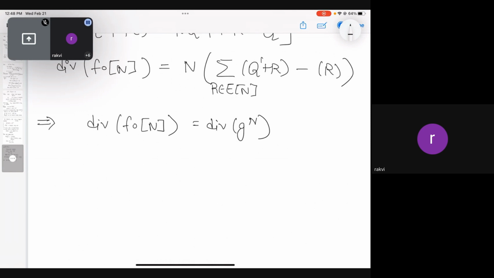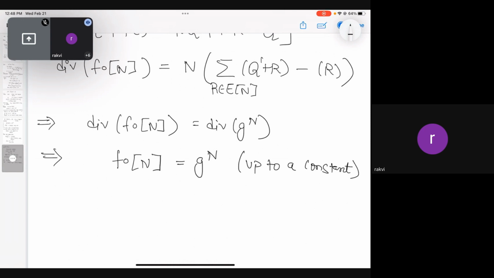So at best, they are constant multiples of each other, right? They can only differ by a constant multiple. So what this means is, this is equal to g to the power n up to a constant.